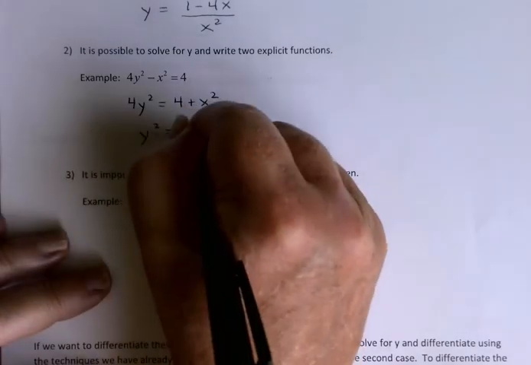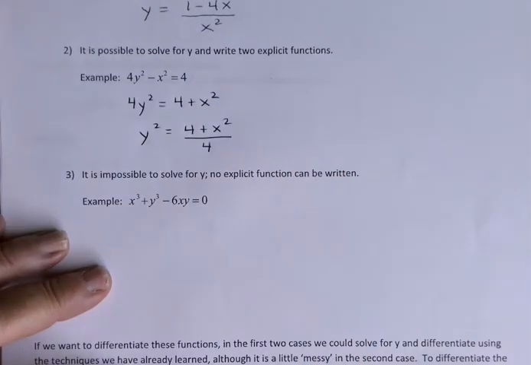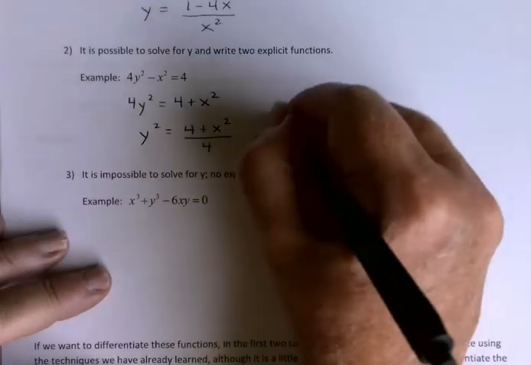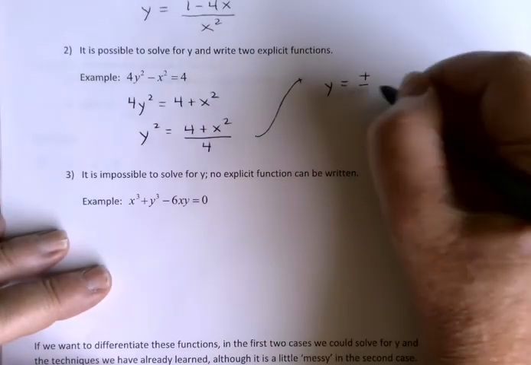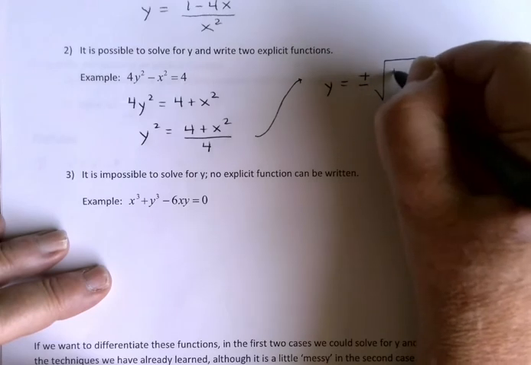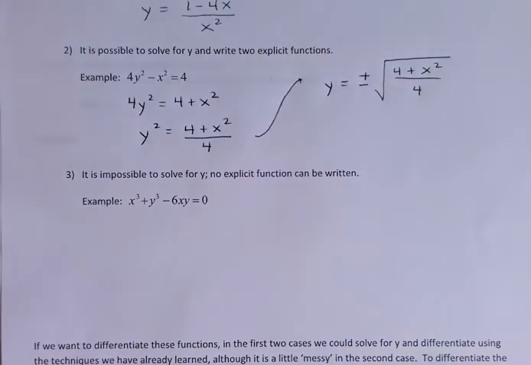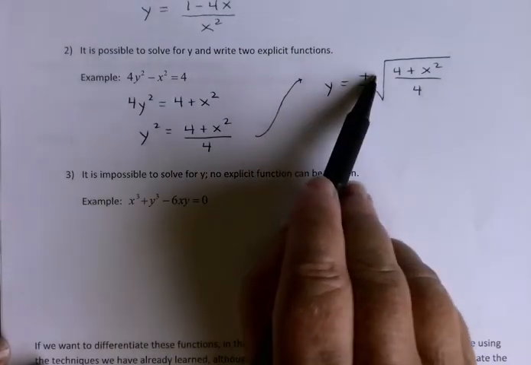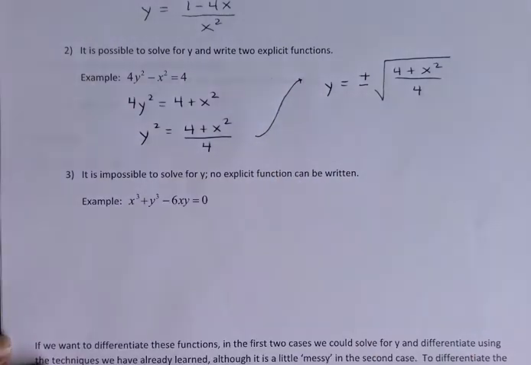So y squared is (4 plus x squared) over 4. And then to get y itself, we'd have either plus or minus the square root of (4 plus x squared) over 4. Meaning technically I have two different functions here, right? y equals the positive square root and y equals the negative square root.